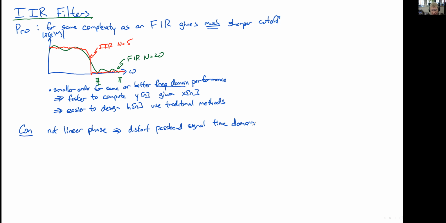The output of your IIR filter, while fine in the frequency domain, will look completely messed up and not look like a triangle at your output. So if your time domain performance is important, you want to use FIR. If your frequency domain performance is important, you want to use IIR.